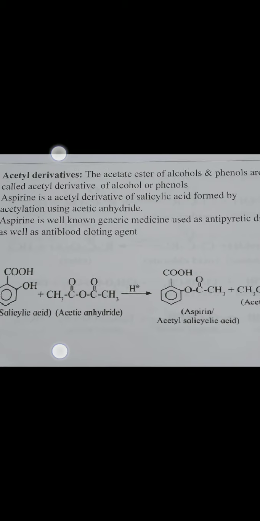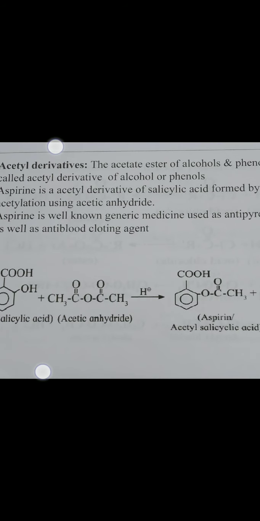Acetyl derivatives. The acetate esters of alcohols and phenols are called acetyl derivatives of alcohols or phenols. Aspirin is an acetyl derivative of salicylic acid, formed by acetylation using acetic anhydride. Aspirin is a well-known generic medicine used as a pain reliever as well as an anti-blood clotting agent.